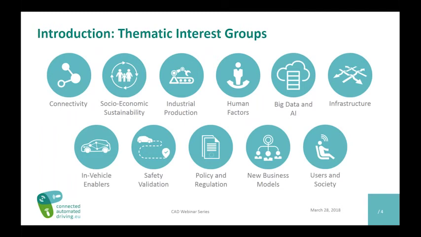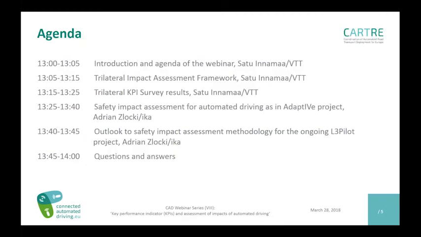There are several thematic interest groups, and I will list them here shortly. They are related to connectivity, socioeconomic sustainability, industrial production, human factors, big data and artificial intelligence, and infrastructure. In-vehicle enablers, safety validation, policy and regulation, new business models, and users and society.